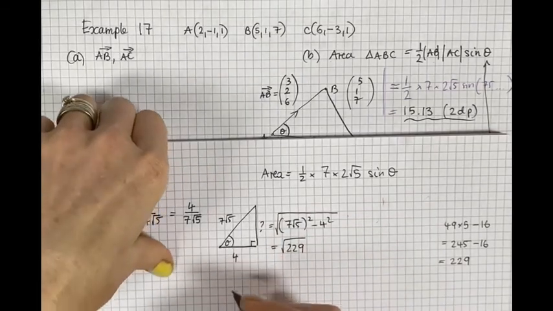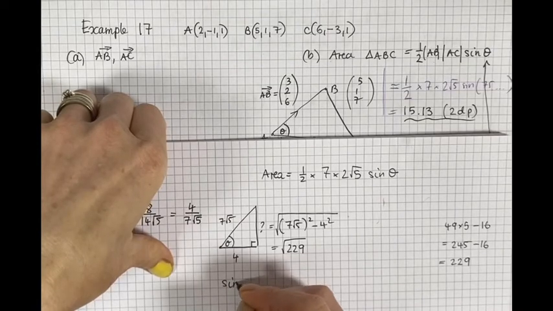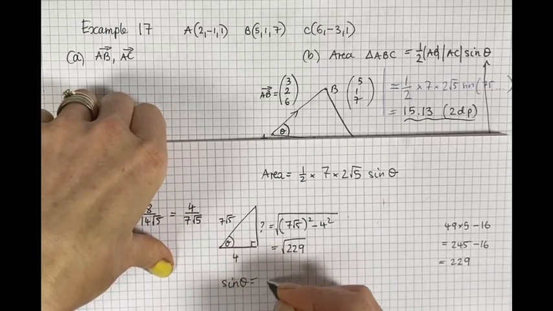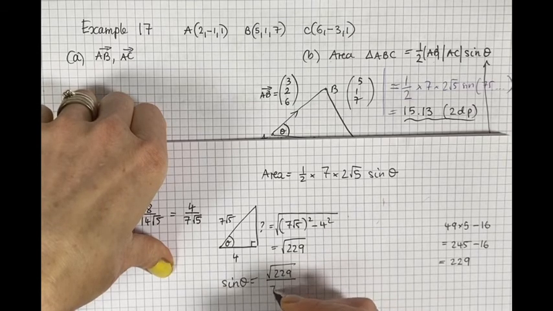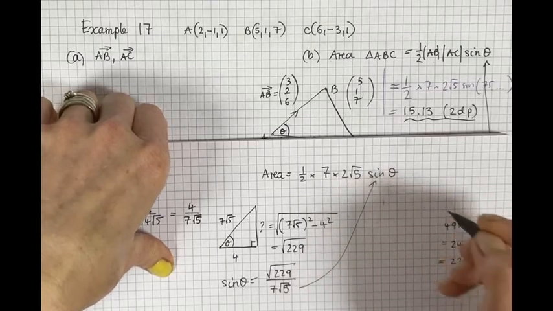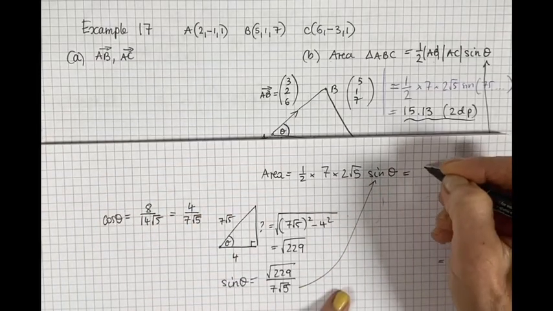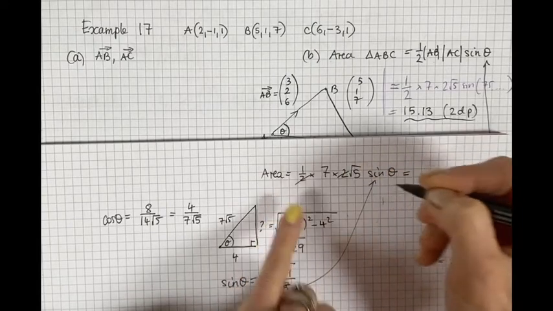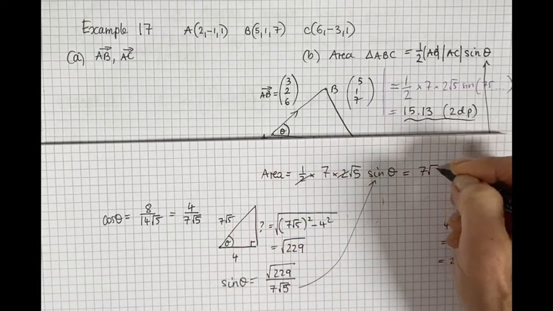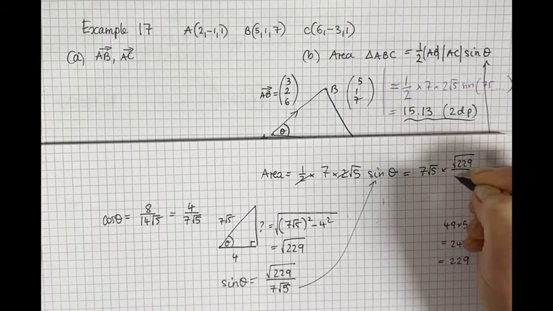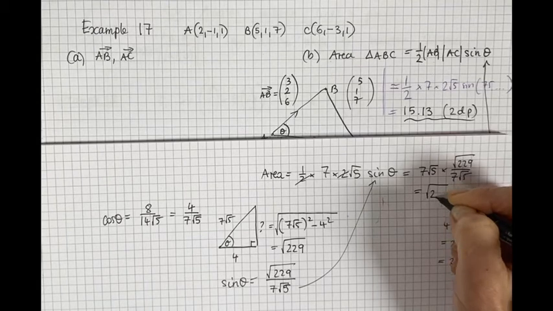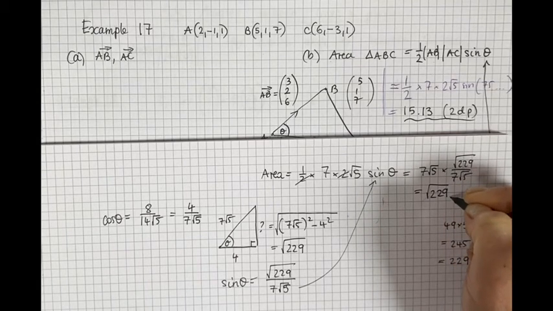So from the same triangle, sine theta must be equal to opposite over hypotenuse. And then you pop it into this result. So it's 7 root 5 multiplied by root 229 over 7 root 5. So that gives me square root of 229.